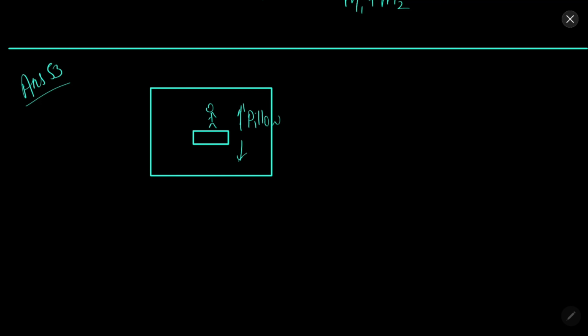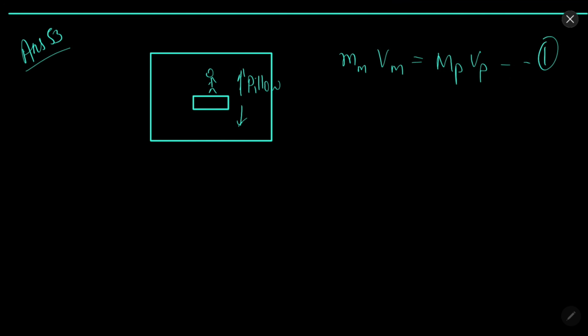So again, as the initial velocity of the system is 0, we can have this thing. Let this be equation 1. Now the velocity of the pillow is 8 meters per second.